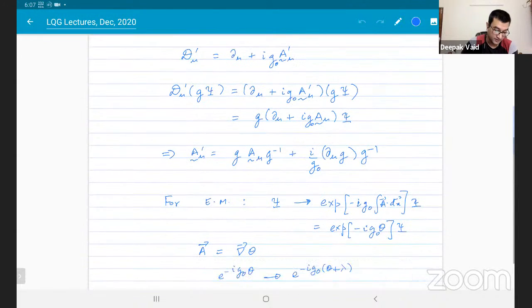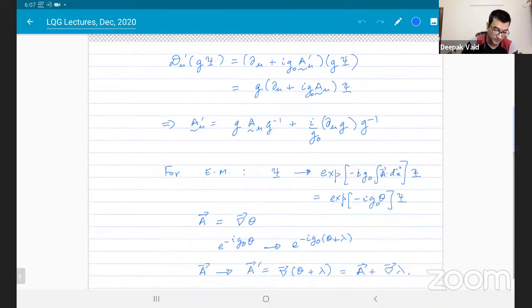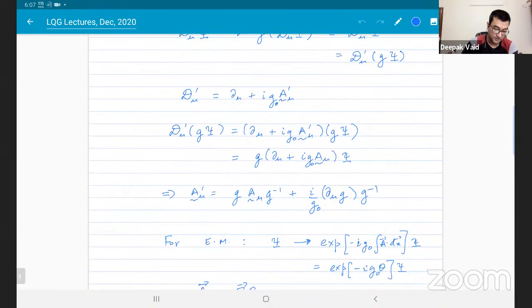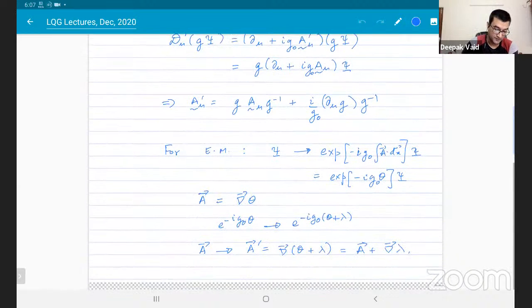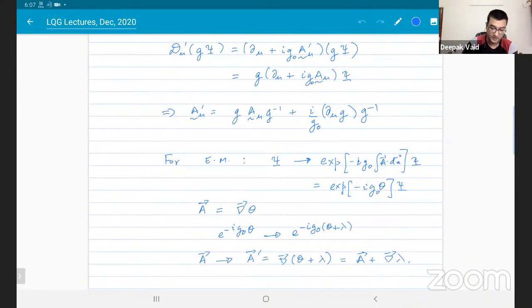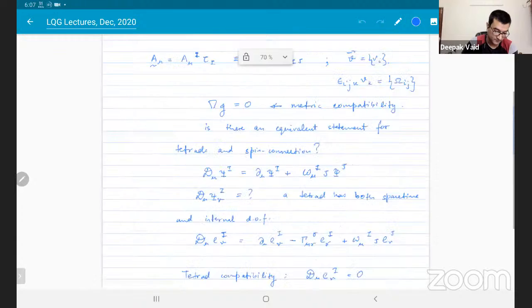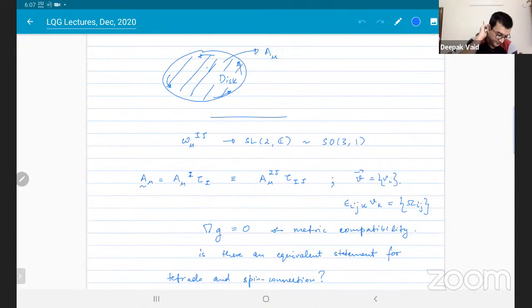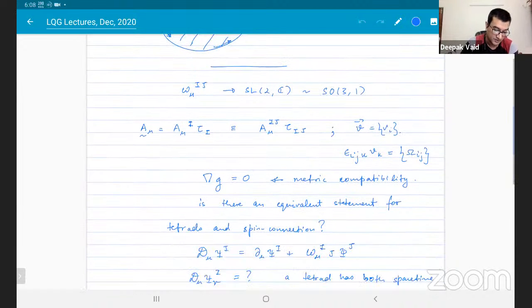Then I talked about the effect of gauge transformations on a non-abelian connection. I hope that you all found the time to sit down and derive this. And then we have gauge connections on manifolds with boundaries. Again, I will come to that at some point if I have the time.